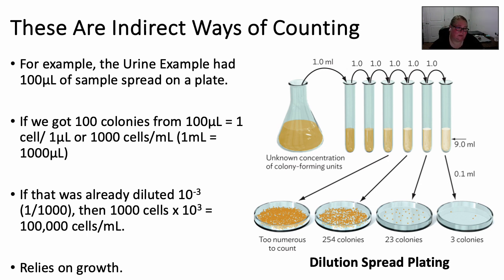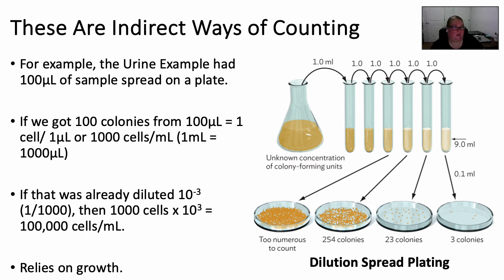So the spread plate technique, or dilution spread plating, is going to rely on growth. We're going to have to make those dilutions to figure out how many, and then we're going to have to do the math. It does give us a pretty accurate number if done correctly. So if we got 100 colonies from 100 microliters, that's going to be roughly 1 cell per microliter.